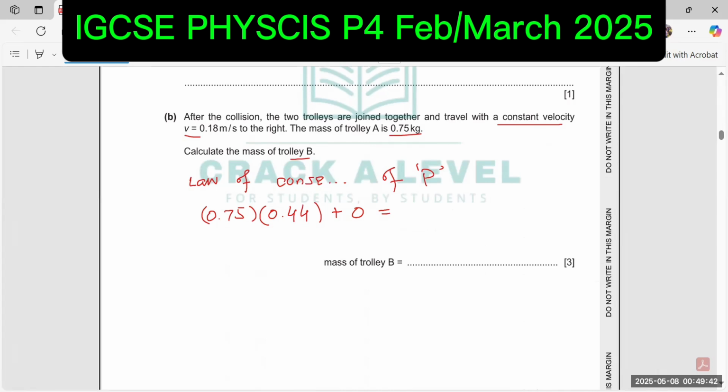The total momentum after collision: because both trolleys move together, their masses are added up. The mass of trolley A was 0.75 plus the mass of trolley B, which is unknown and we have to find, moving with combined velocity 0.1. After solving this, you will get the mass equal to 1.1 kg.